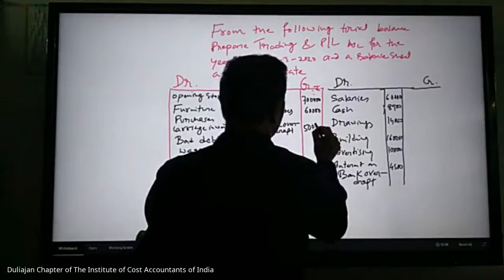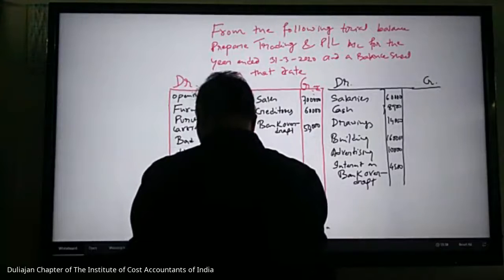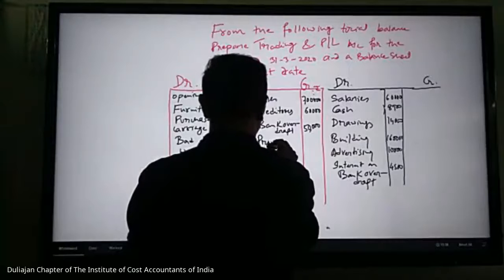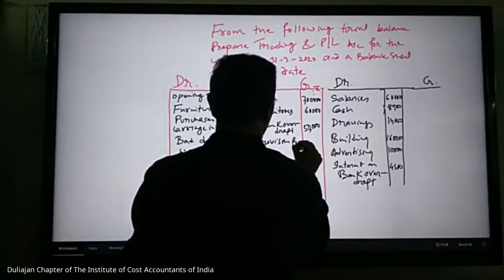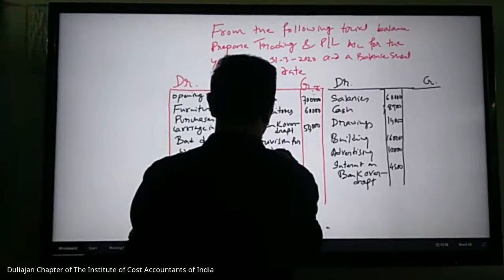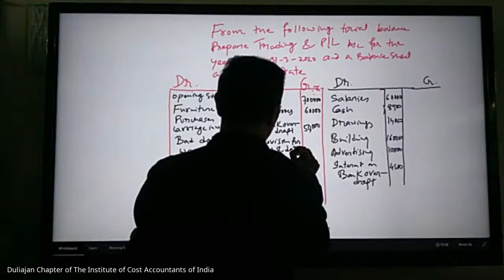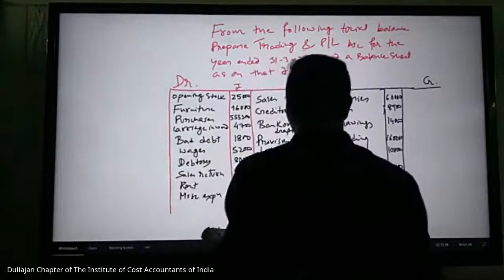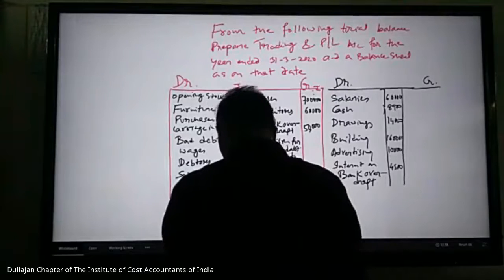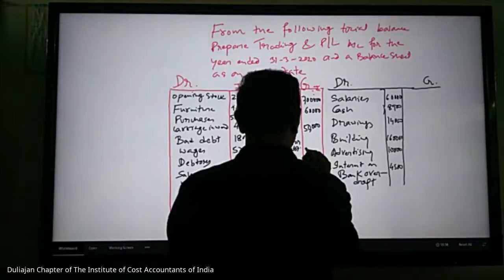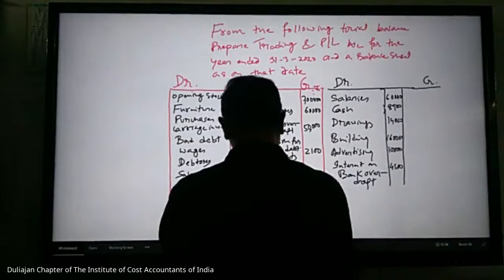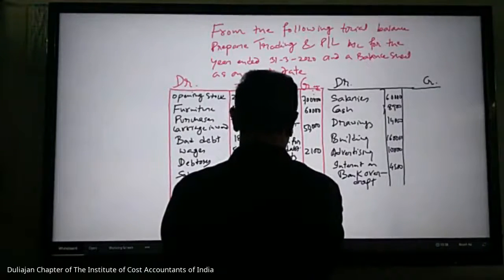Bad debt. Provision for bad and doubtful debt 2,100. Discount 500.